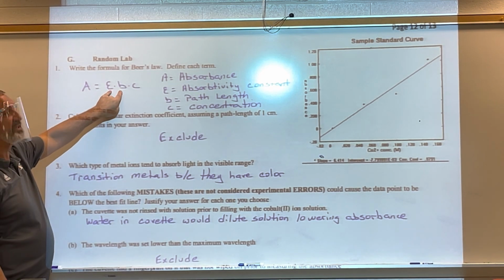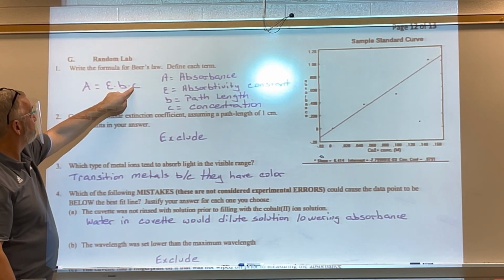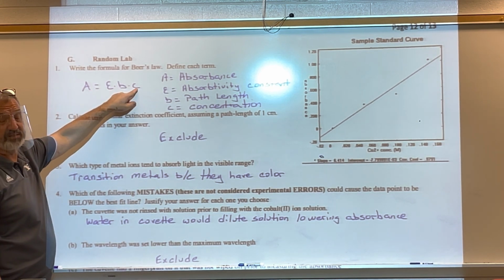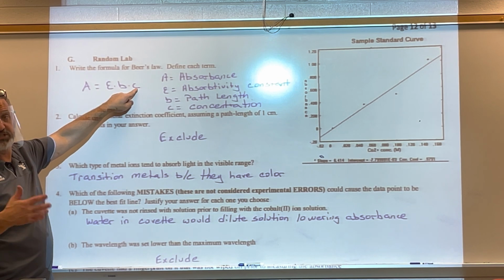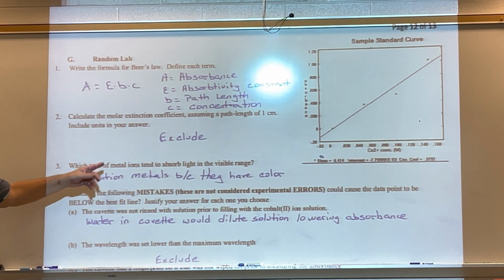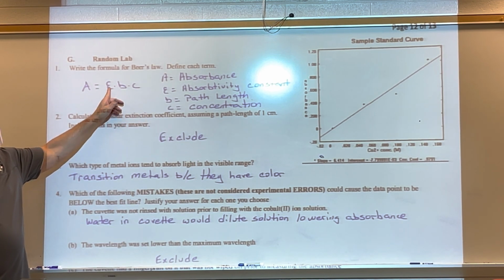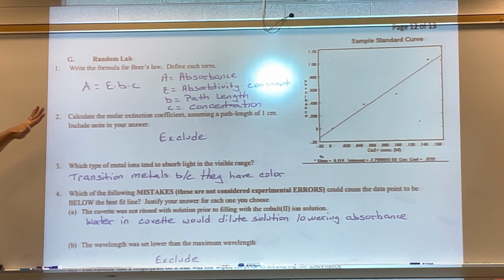These two things are generally constant. So it's y equals mx plus b. Well, actually it's y equals mx right there. b is 0 because of 0 concentration and 0 absorbance. You are not going to have to calculate the molar extinction coefficient, so don't even worry about that.